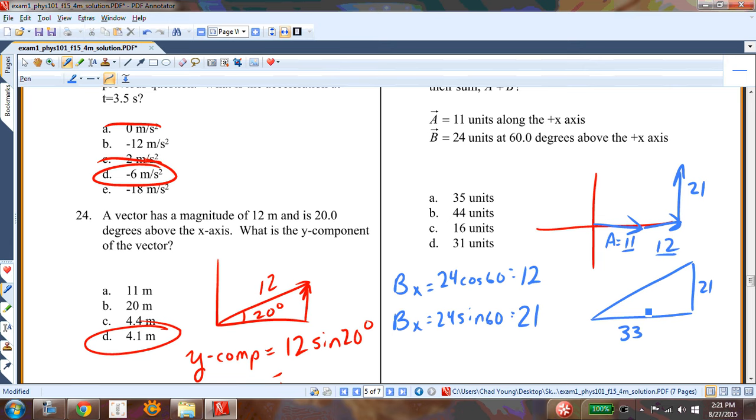I get 39. Hold on. I get 39. Let me see if I made a mistake here. I might have a mistake on this one, in which case I'll change it. A is 11, 24.